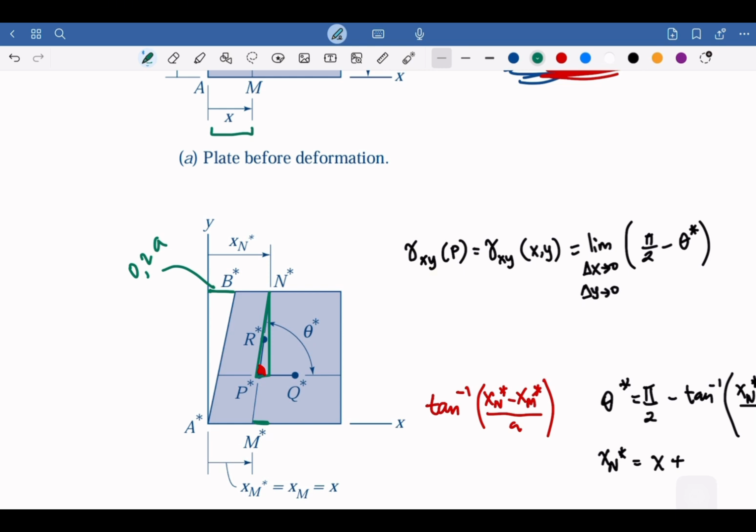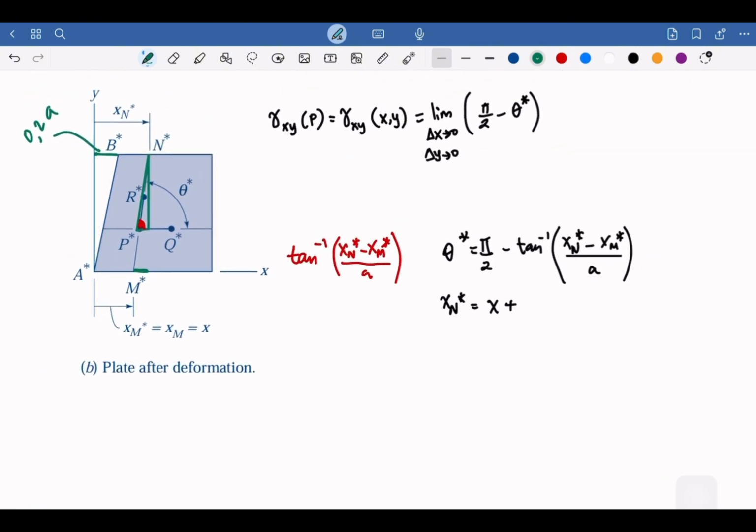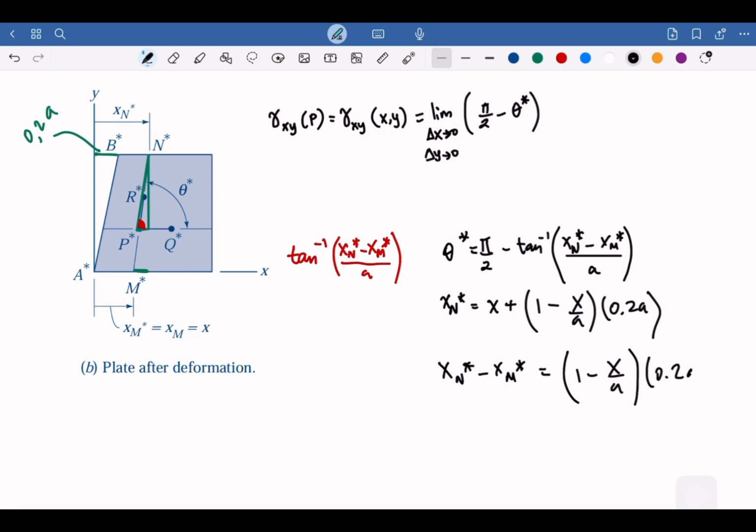So we are going to have the same relations and calculations: 1 minus x over a, multiplied by 20% of a. So xn minus xm, basically we are just canceling the x, leaving 1 minus x over a multiplied by 0.2.